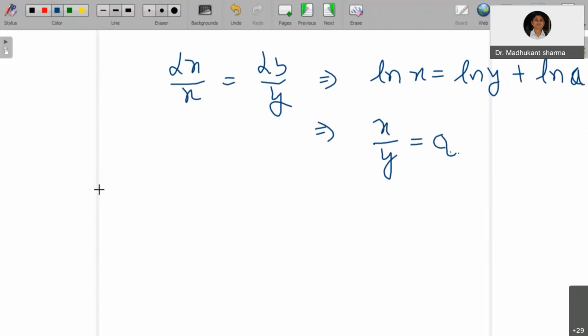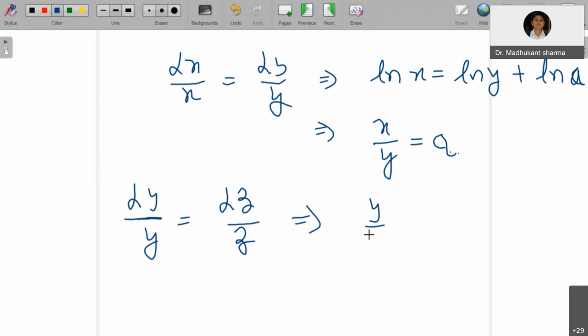Now similarly, I'm going to choose the last two pairs, dy by y equal to dz by z. In a similar fashion, with the variable separable method, integrate both sides, and this will give you y by z equal to d.